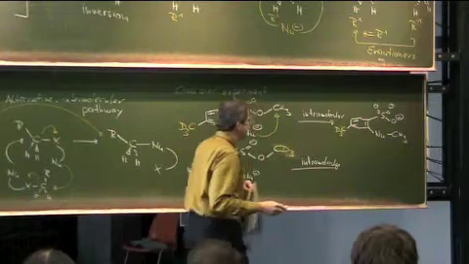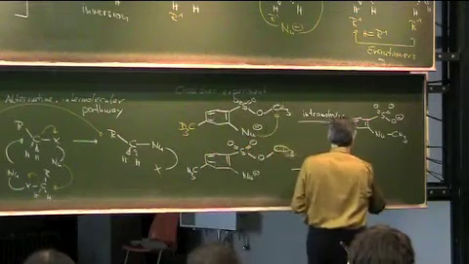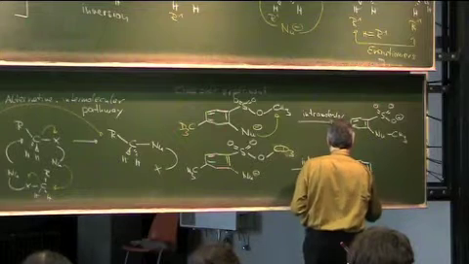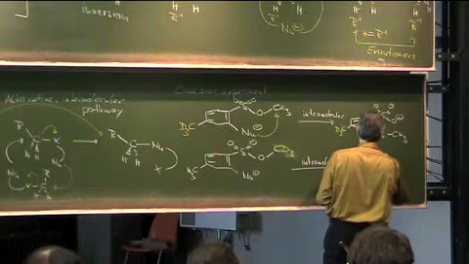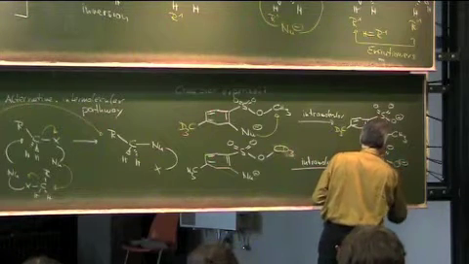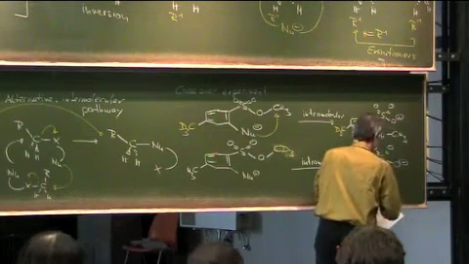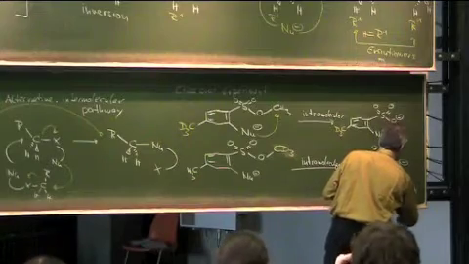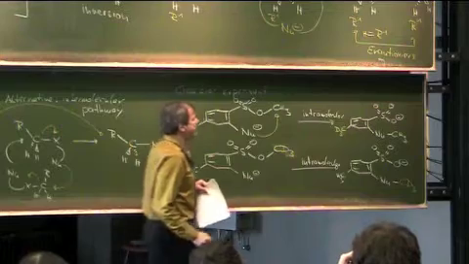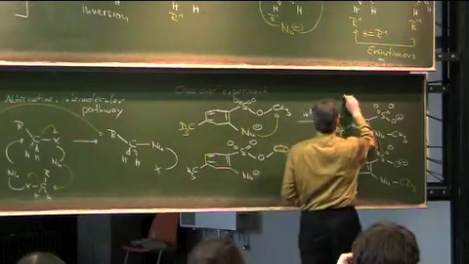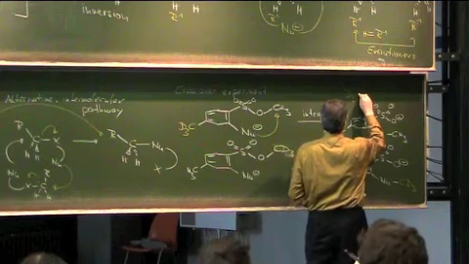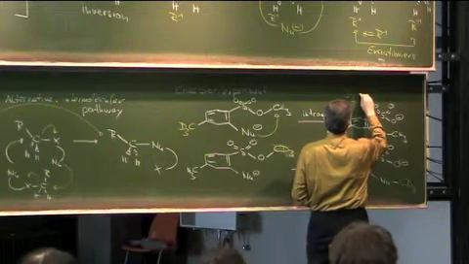that this would be the product, and along the same way this would be the product. So in both cases, we obtain a product which has 3 deuterium labels.